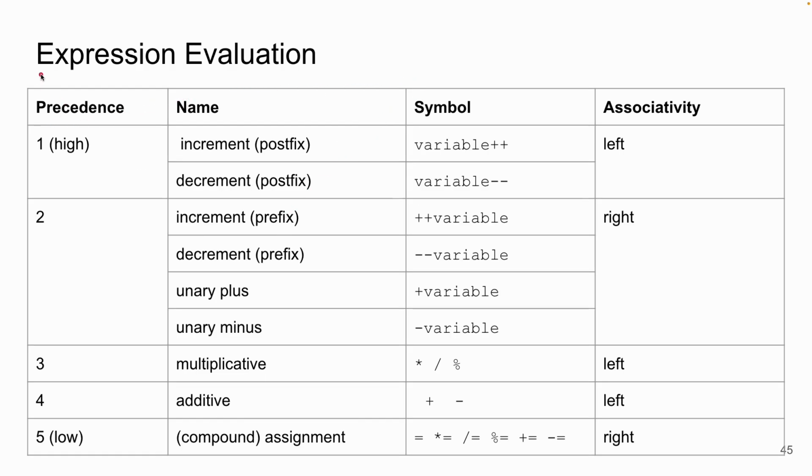Here is the complete table for all the operators we taught today. You can see in this table we added precedence and associativity. Please just have a rough idea about the precedence of the different operators here, and also have some memory of the associativity.